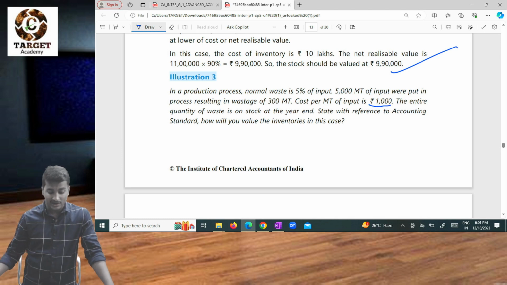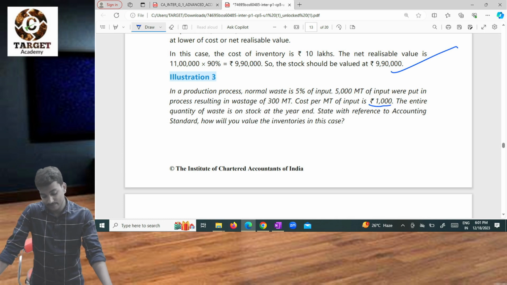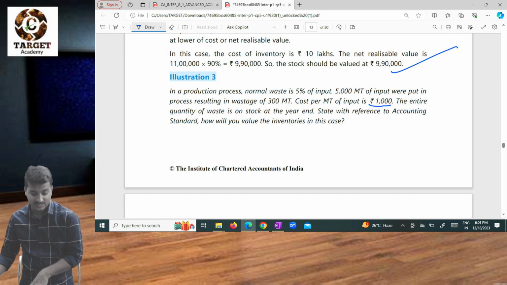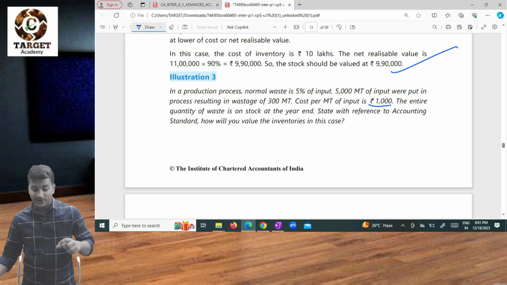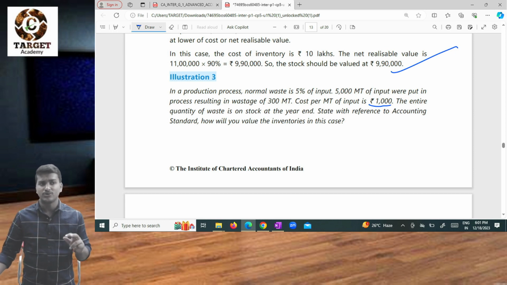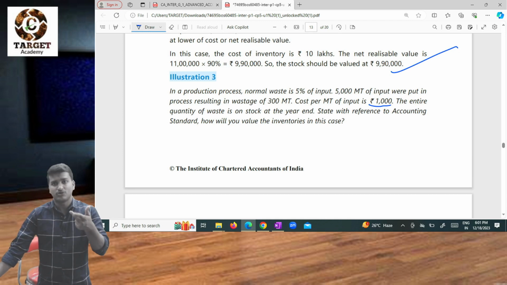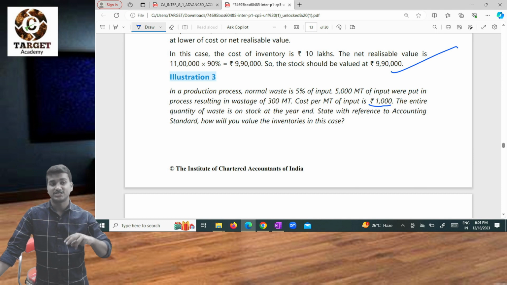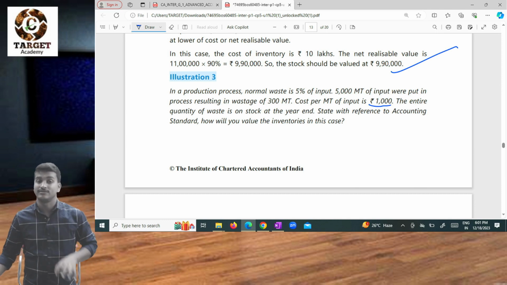The entire quantity of waste is in stock at the year end. State with reference to the accounting standard how will you value inventory in this case. So first of all, in such questions you have to read the question twice or thrice, then you will get clarity on what is being asked.